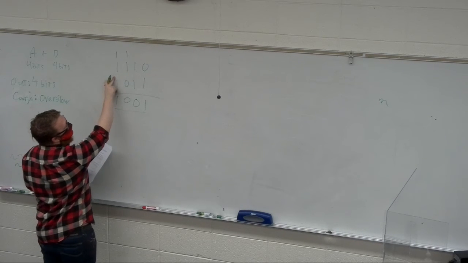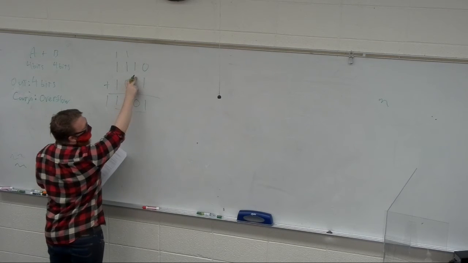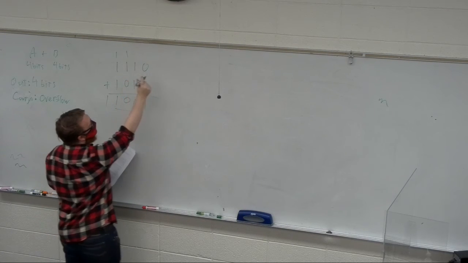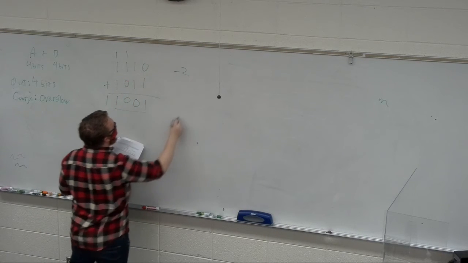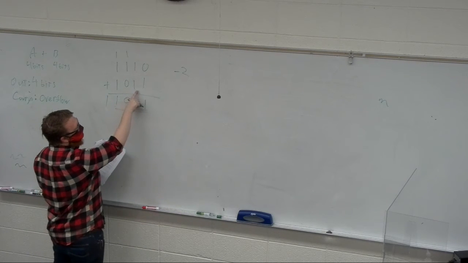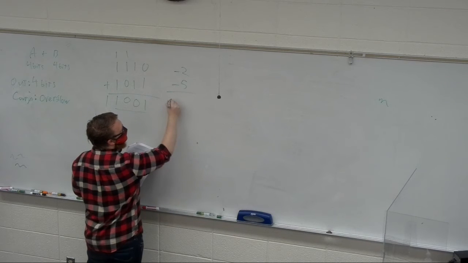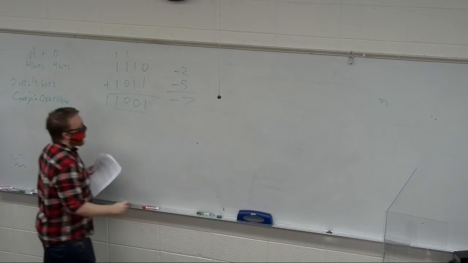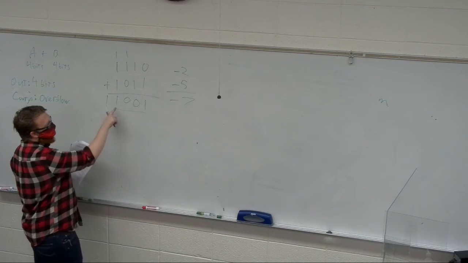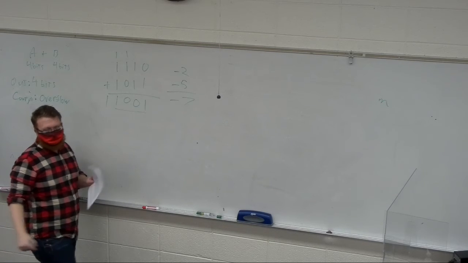So we're minus 8 plus 4, minus 4, plus 2 is minus 2. So this is minus 2. Similarly, minus 8, minus 6, minus 5. We should get minus 7. 8 plus 1 is minus 7.